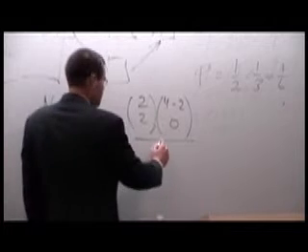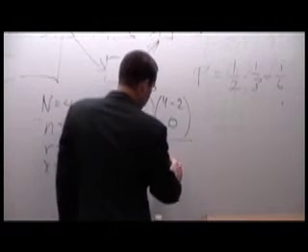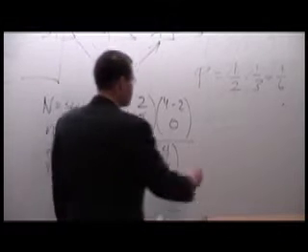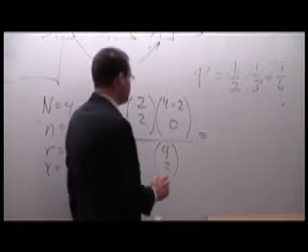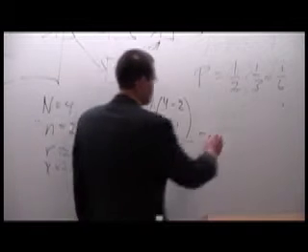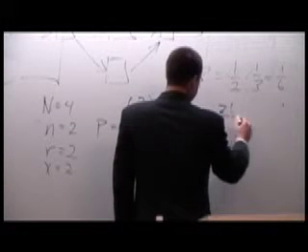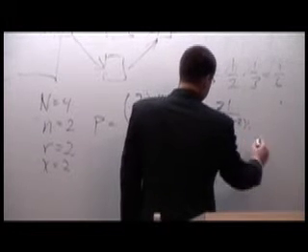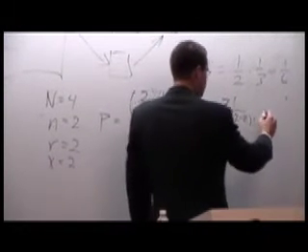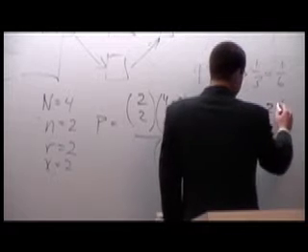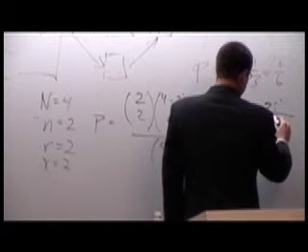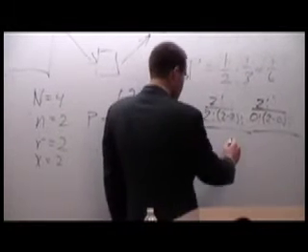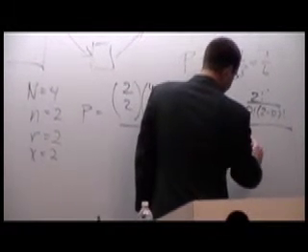Divided by big N is 4, choose 2, the number of ways we can pick 2 batteries out of 4. Well, 2 choose 2 is 1, and 2 choose 0 is also 1. And so the only thing really we're left with is 4 choose 2.